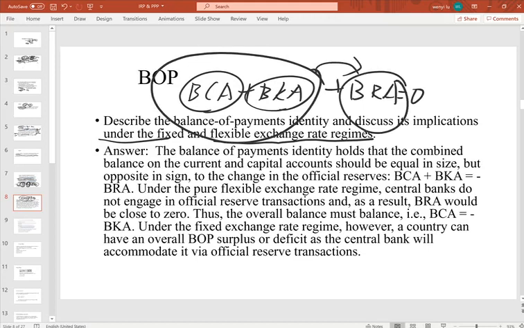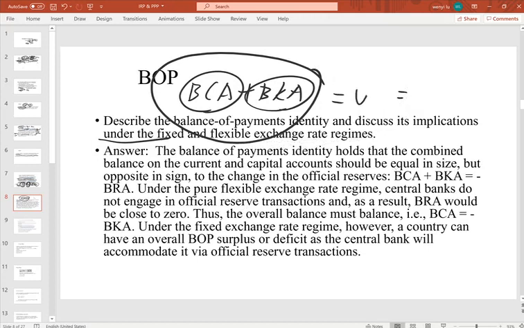So the numbers will offset each other, right? The sign will be opposite, right? But under the pure flexible exchange rate regime, our central bank, the Federal Reserve, will not engage in any official reserve transactions, right? In such a case, the BRA account will be close to 0.